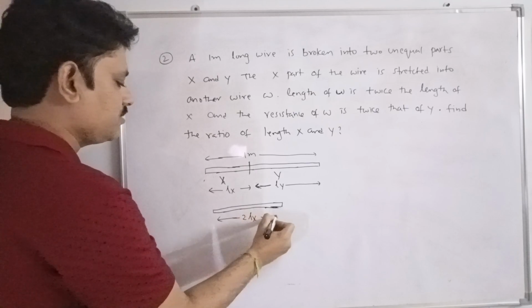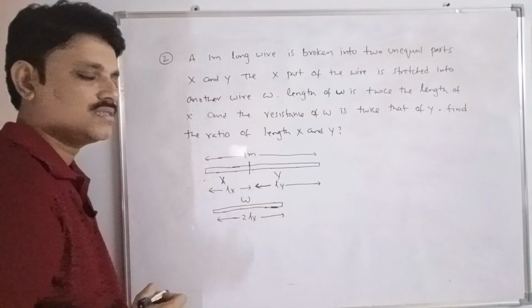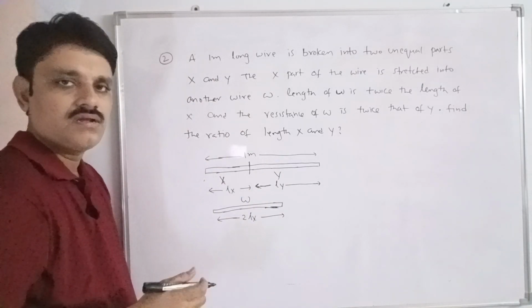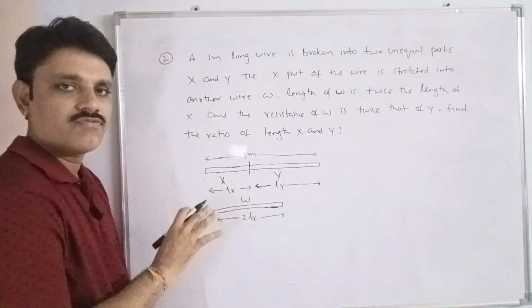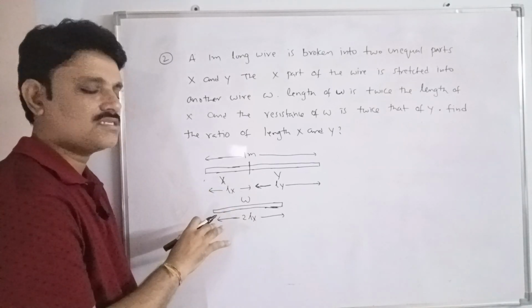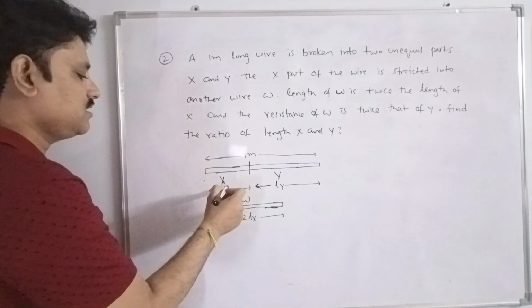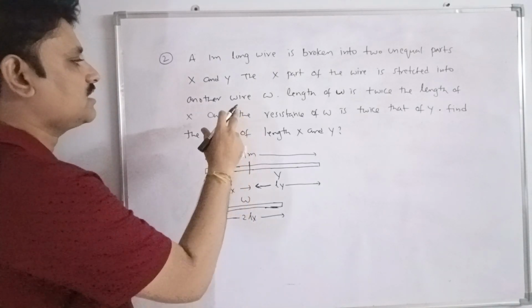W is the wire formed due to the elongation of X, but the length is twice the initial value. Here Lx is the length of X, so W is 2Lx.